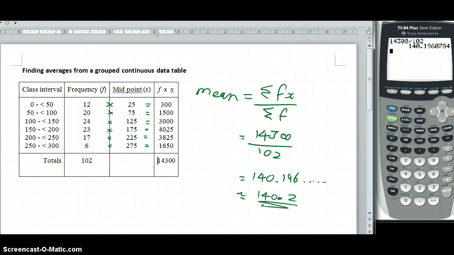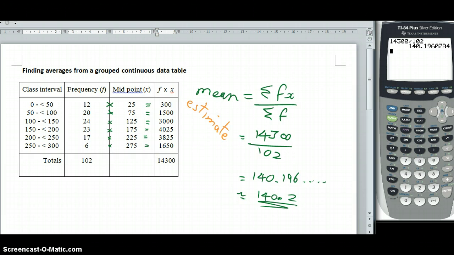Okay, and this mean here is not the actual real mean, because if we had all the data, if we had the 102 pieces of data, we would know exactly what they had scored here. So we call this an estimate for the mean. We're not estimating the mean, we just call it an estimate because it's not exactly correct.